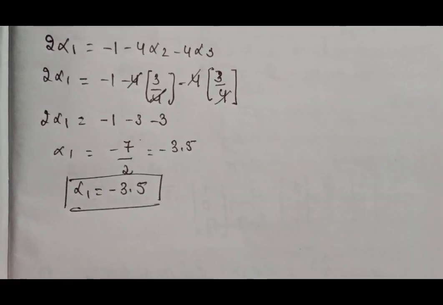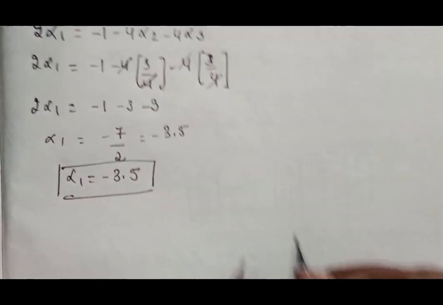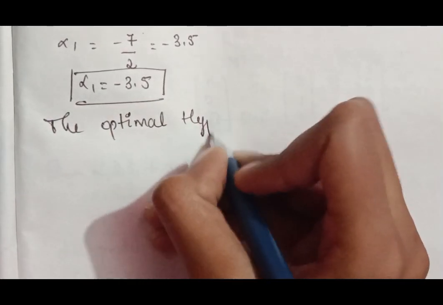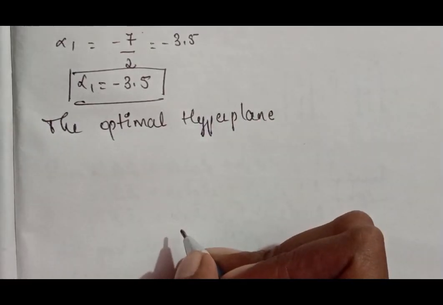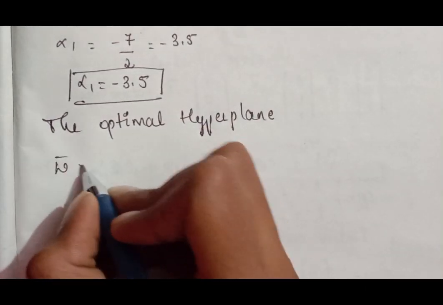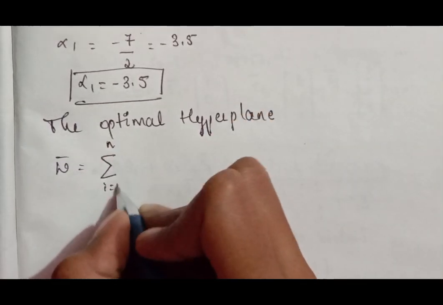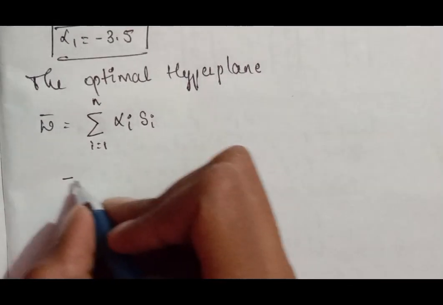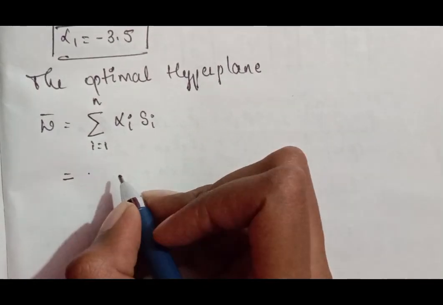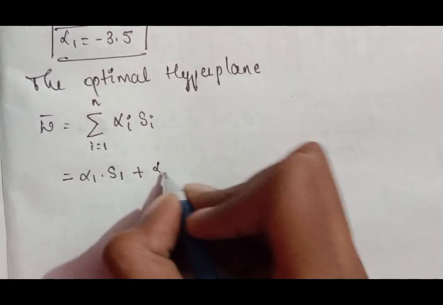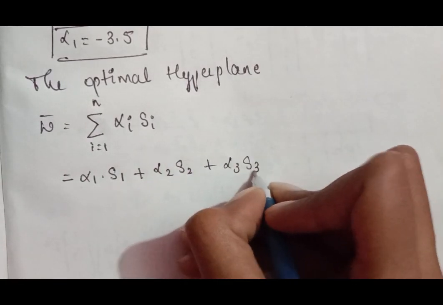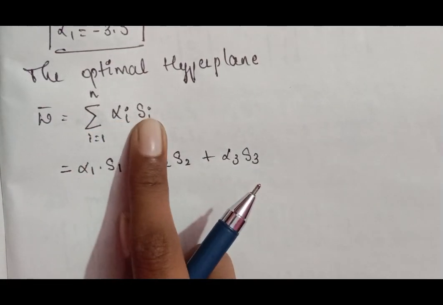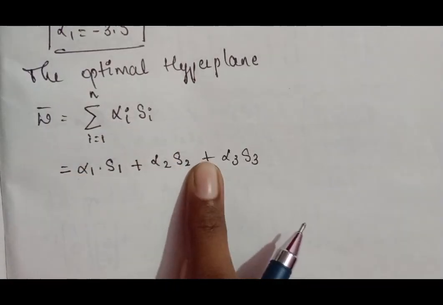So after finding the values of alpha 1, alpha 2 and alpha 3, we need to know the optimal hyperplane. The formula given for the optimal hyperplane is W vector equals the sum of alpha i times Si, the support vector. So we know the expansion is alpha 1 S1 plus alpha 2 S2 plus alpha 3 S3.